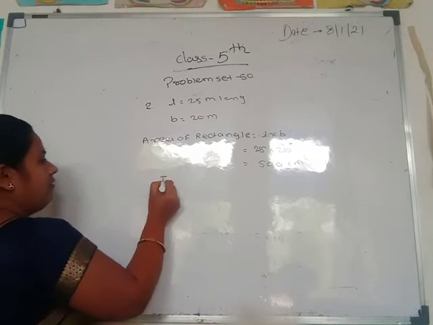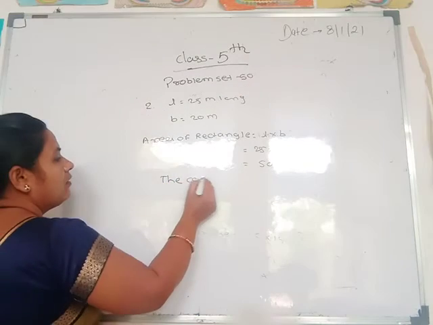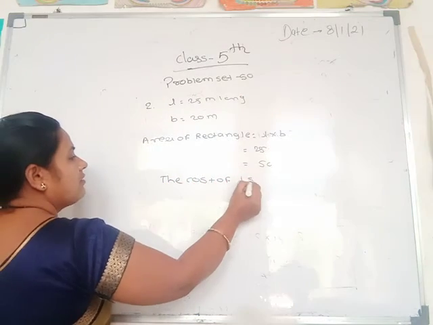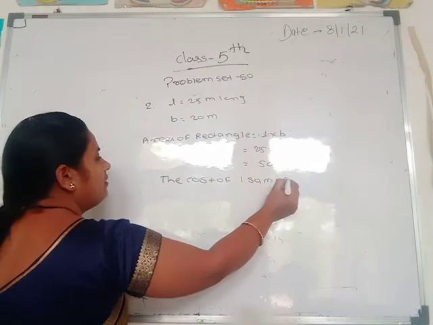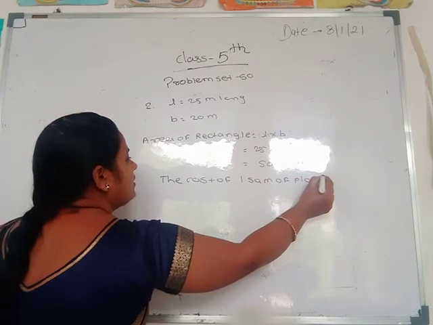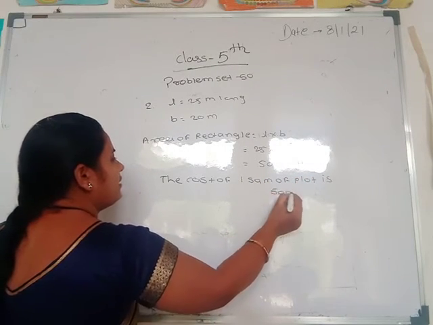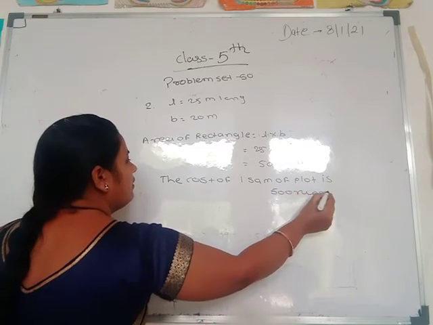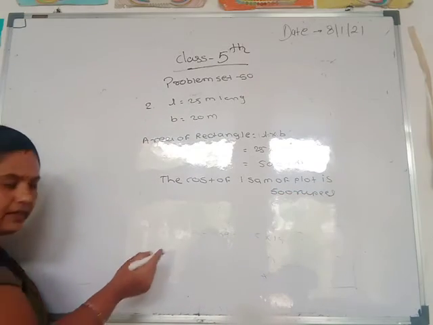The cost of 1 square meter of plot of land is 900 rupees. Sorry, 900 rupees.